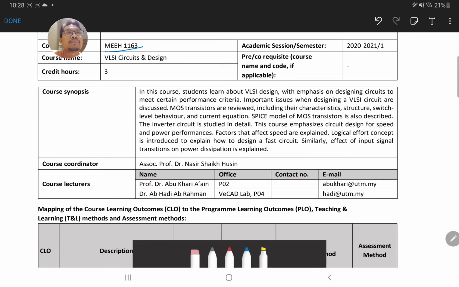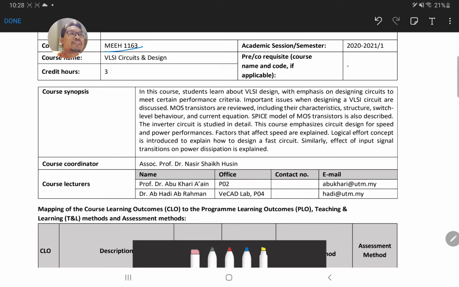What are the parameters in the SPICE model to model the transistors? And we study the inverter circuit, which is the most basic VLSI cell or circuit. We study that in detail, and we expand from the inverter to create larger gates or circuits.